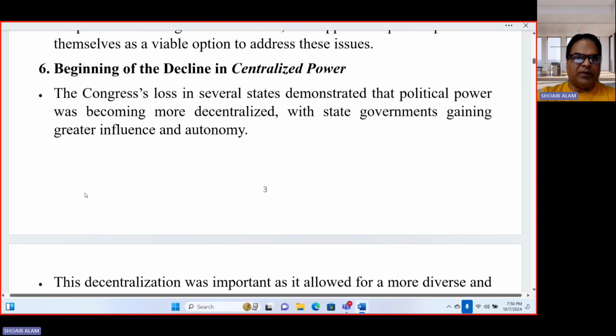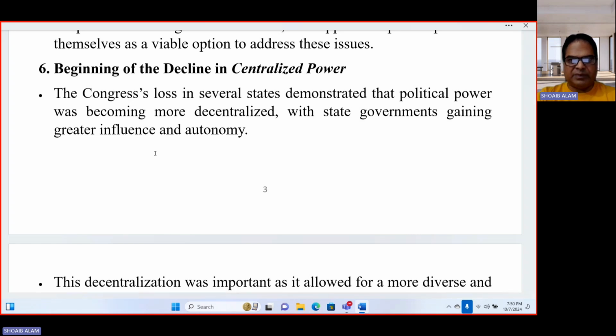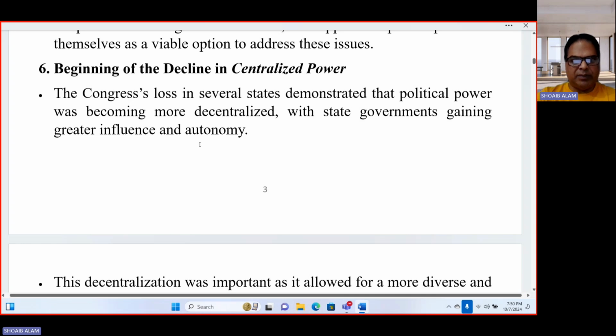Then the beginning of the decline in centralized power. Earlier, Congress was in power in most of the states. Congress governments were there, so the entire country, even the states, were governed by centralized power. But later we saw that in many states, Congress started to lose.